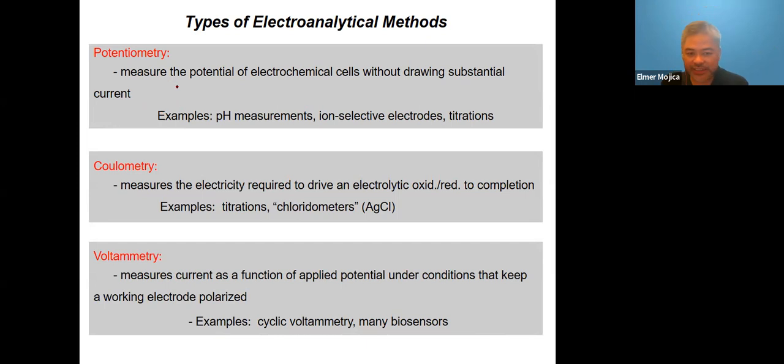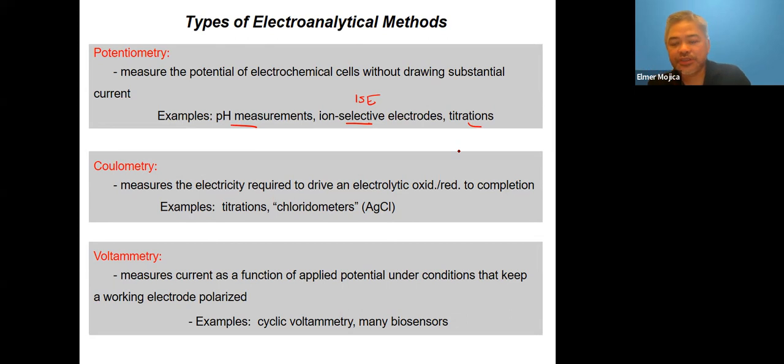Okay, so it measures the potential of a solution between two electrodes, affecting the solution very little in the process. So the potential is then related to the concentration of one or more analytes. So ang specific dito yung pH measurement, yung ion selective electrode, so yung tinatawag na ISE, at pwede ka rin gumawa ng potentiometric titration.